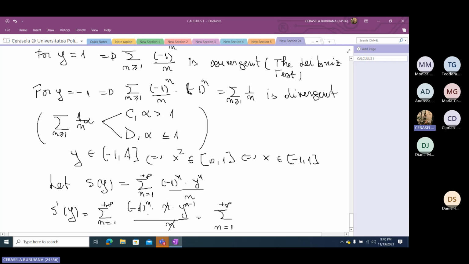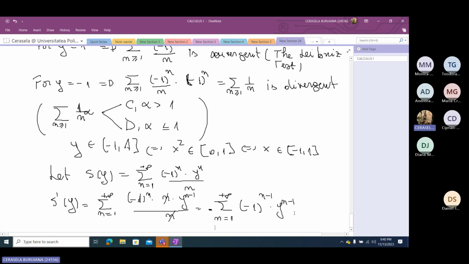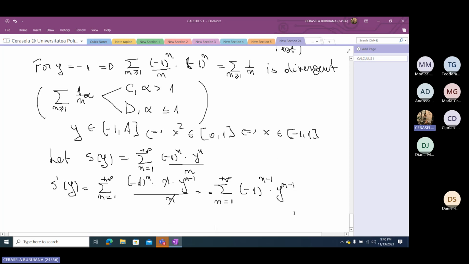But that (-1)^n disturbs me a little. I prefer to put -1 in front and write it as (-1)^(n-1). And if you look at the power of y, you will get why I did it like this. I didn't change anything, but instead of (-1)^n, I wrote it as -1 times (-1)^(n-1). And now, let me make another notation: I will take n minus 1 to be k.